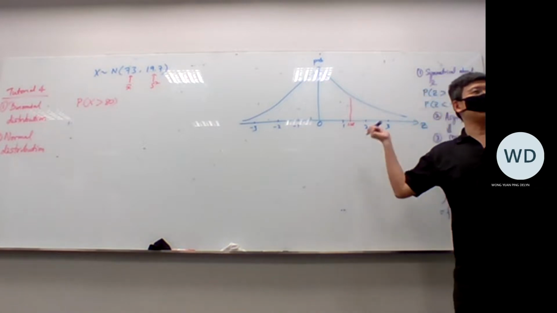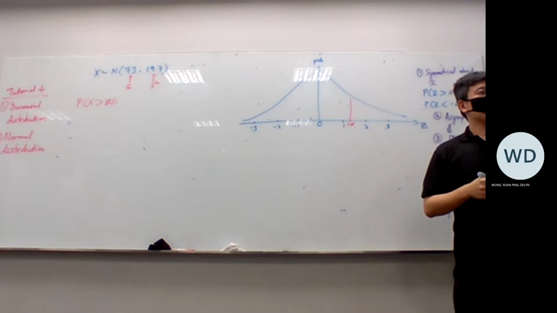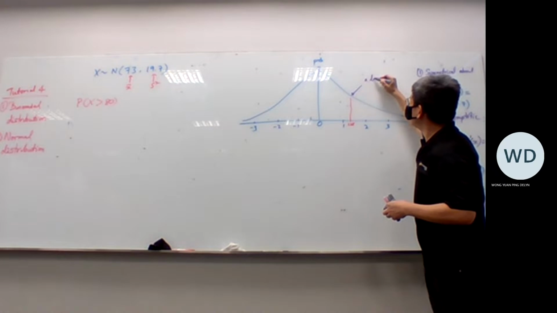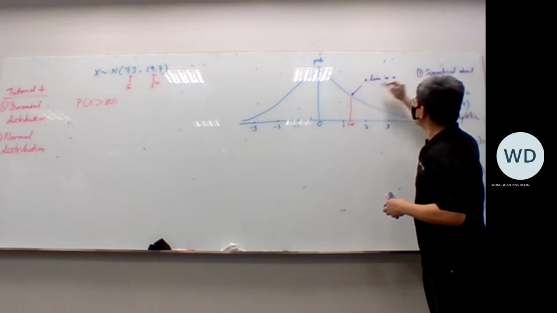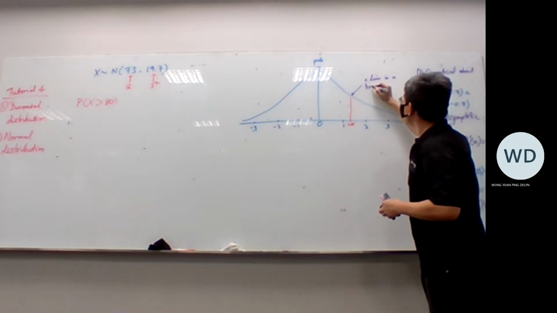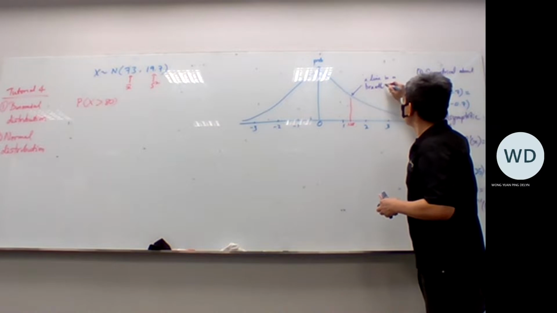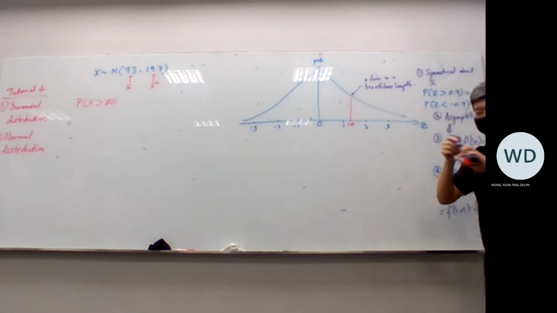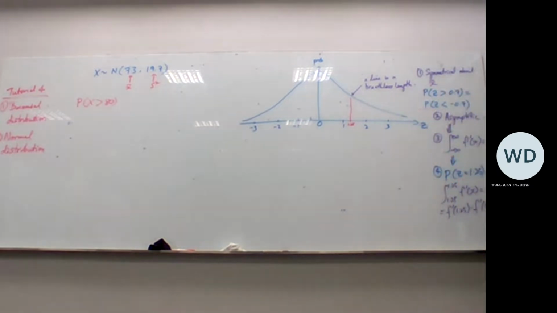Anybody know the definition of a line in maths? That's the original definition. A line is a breadthless length, just a length without breadth. If the breadth is 0, it doesn't matter what the length is, the area will be 0.